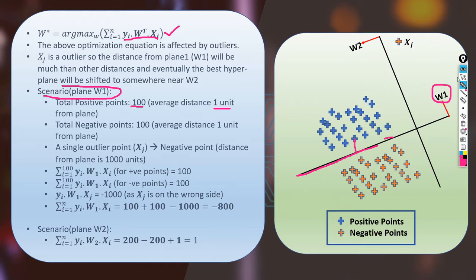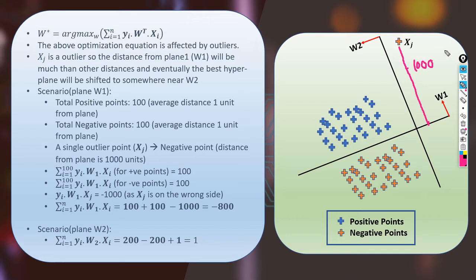The most important thing is that from this plane, the outlier distance is 1,000 units, because an outlier is an extreme point, far away from the original cluster.